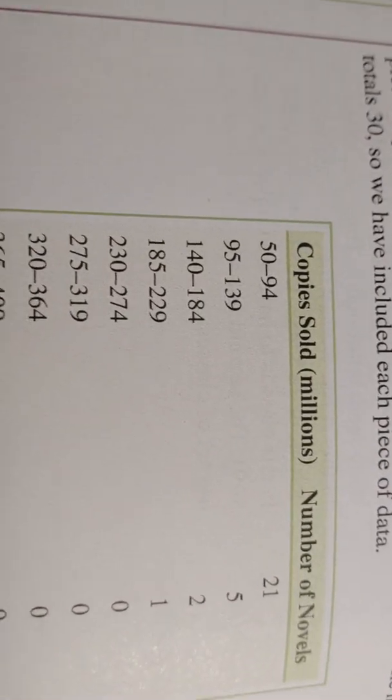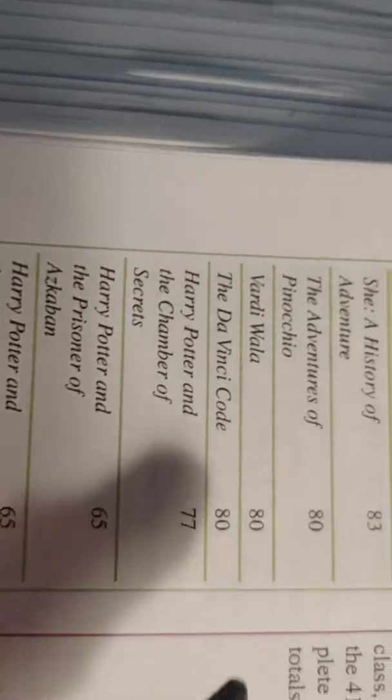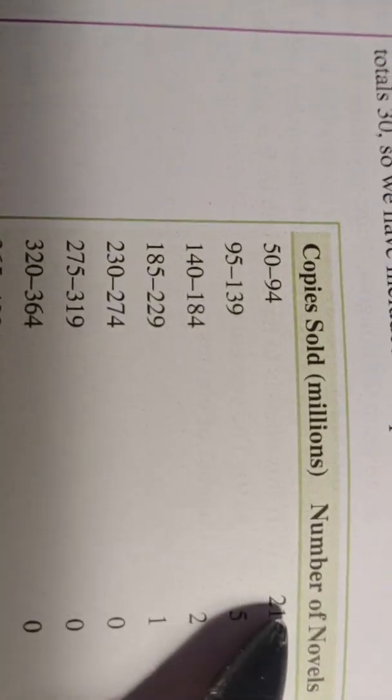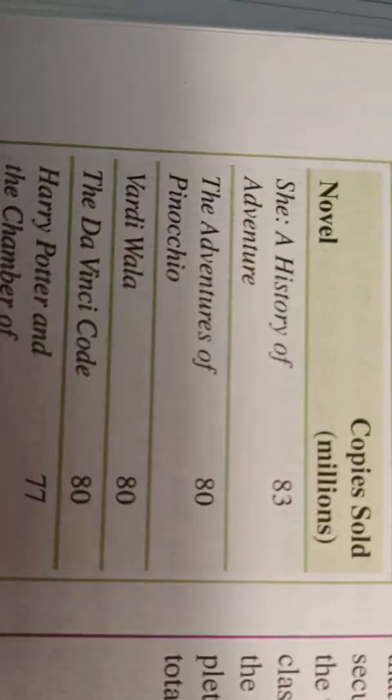And so then we would list the number of novels, because it's continuing over here. For instance, The Adventures of Pinocchio was 80 million, so it would go in the first class because it falls between 50 and 94. I don't see one any bigger, so the rest of these would be about the same.